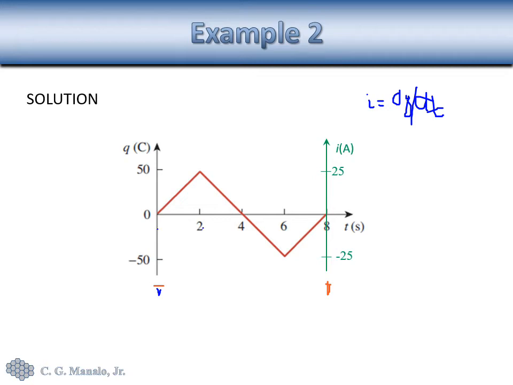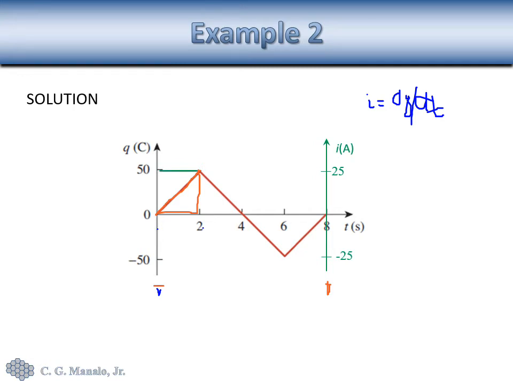For example, between 0 and 2 seconds, we observe that the plot of Q is this one, and it has a constant slope. That means the current between 0 and 2 should be a constant, and must be equal to the slope. So that is 50 divided by 2 seconds. So that will give you 25 amperes.